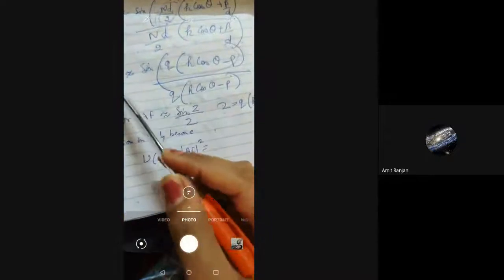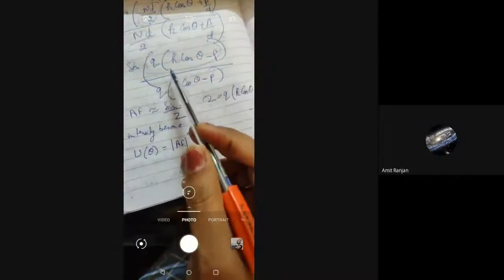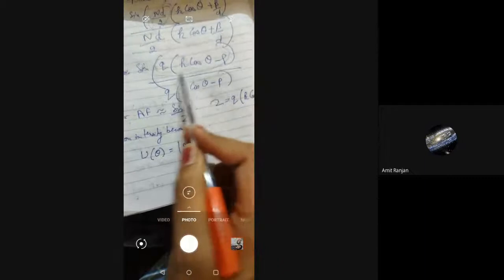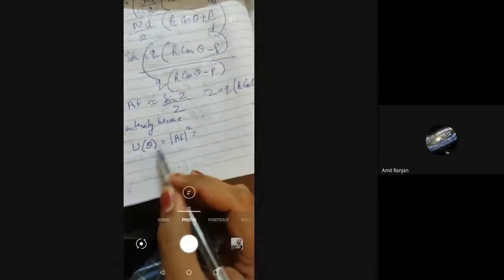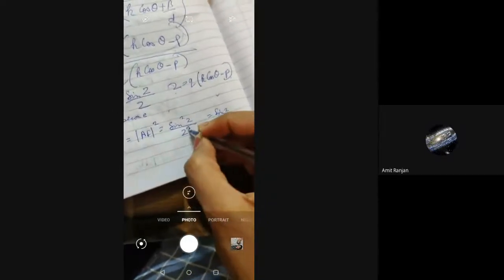The array factor is basically sin z by z, where we have replaced this factor by z. So we can write it as sin square z by z square.